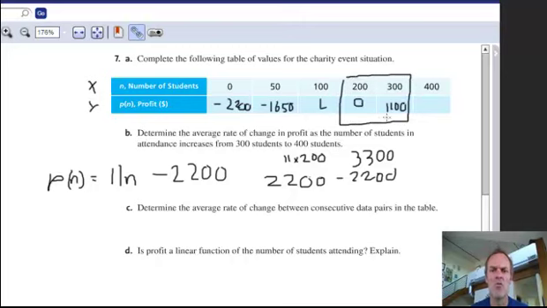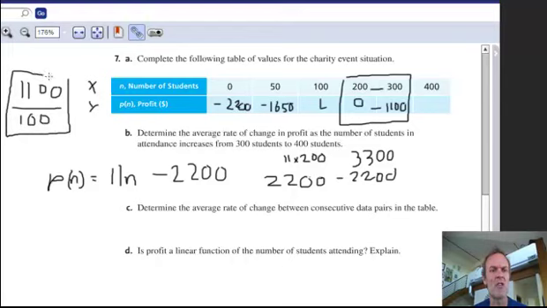The change, we go up by $1,100 up the y-axis if we were graphing this, and we go along the x-axis 100. So that is my average rate of change. You do that everywhere, it's going to be the same. It goes up by the same amount each time. Just try it any way you want. It will always be 1,100 over 100.